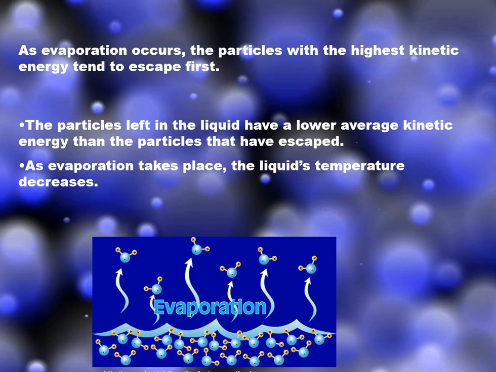So the particles that are left actually have a lower average kinetic energy than these particles that have escaped. And so as the evaporation takes place, the liquid's temperature decreases.